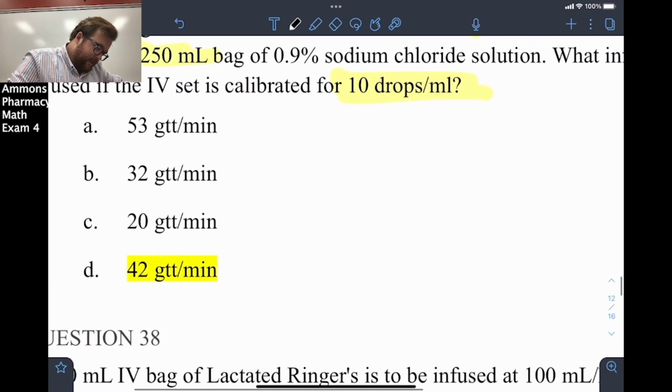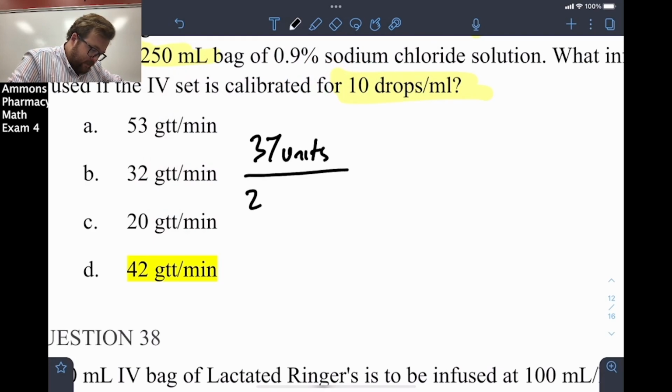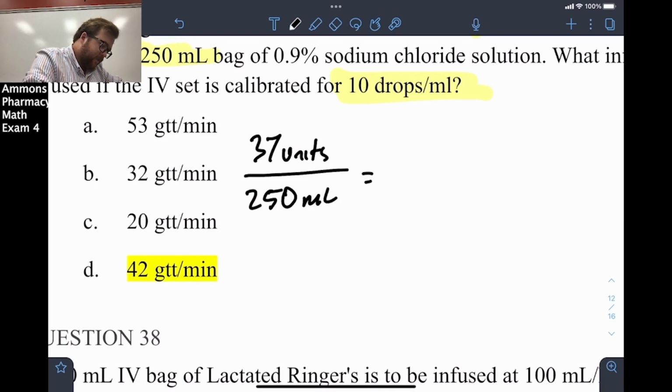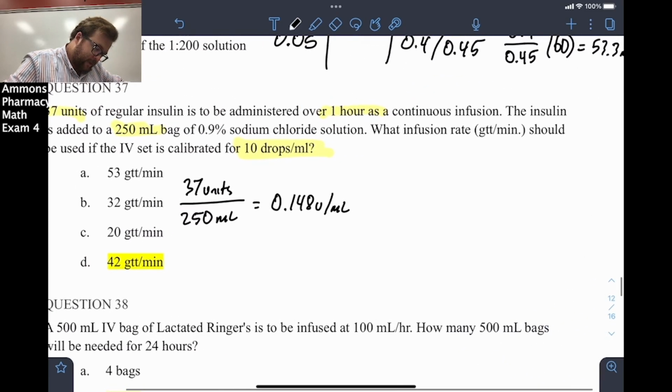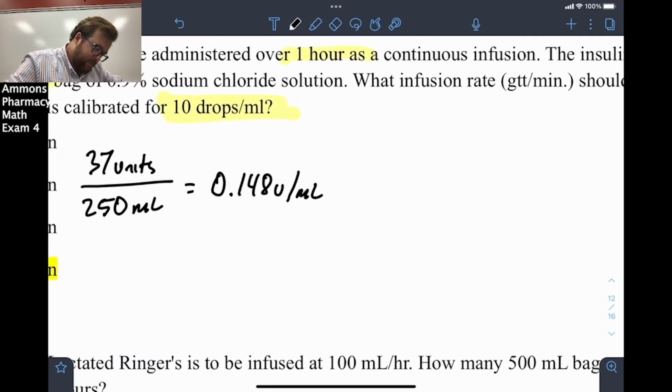So that's saying 37 units are in a 250 ml bag. So 37 divided by 250 is 0.148 units per mil. Okay, that's going over 1 hour.